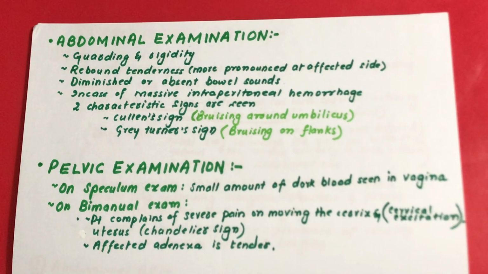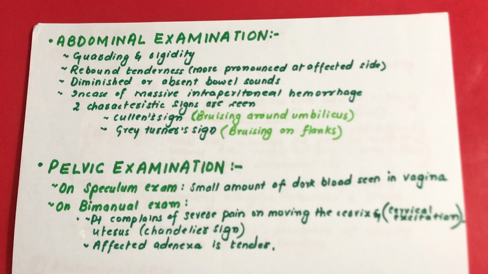So you should remember that with the history of ectopic pregnancy, the ultrasound result and beta HCG level, on abdominal examination the patient has guarding, rigidity, rebound tenderness, okay, then diminished or absent bowel sounds.